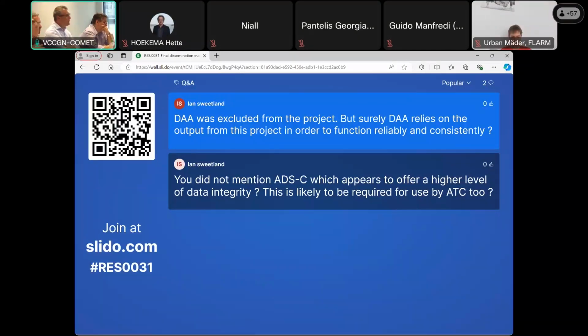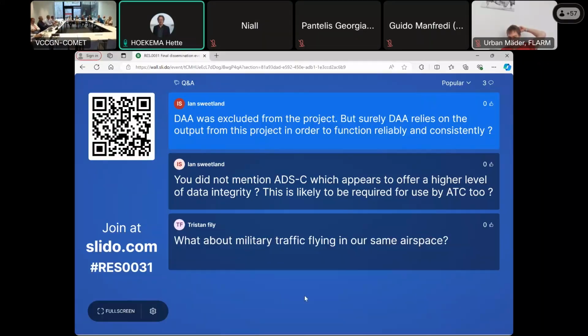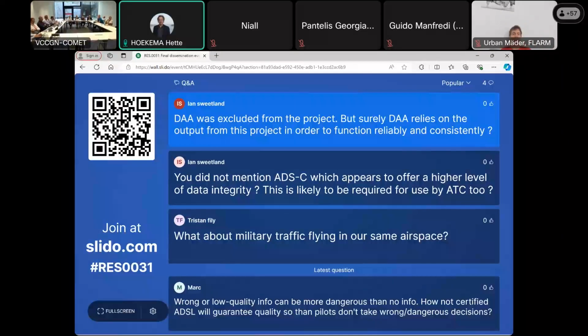Is there anything else from my colleagues to be added on this interesting question? Yeah, maybe I should add a few words, Vlado. So the standards for detect and avoid that are in development today are looking at the use of air-to-air radar and electro-optical sensors to detect traffic that is not conspicuous.